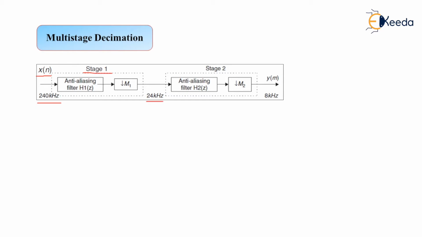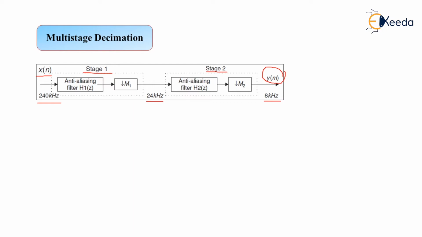Then we have the stage 1 shown with the help of the dashed line here, that will have the frequency 24 kilohertz. Then there it is stage 2, again shown with the help of dashed line covering the two blocks here, that will finally result into the value 8 kilohertz here, and the output signal is denoted by y of m here.